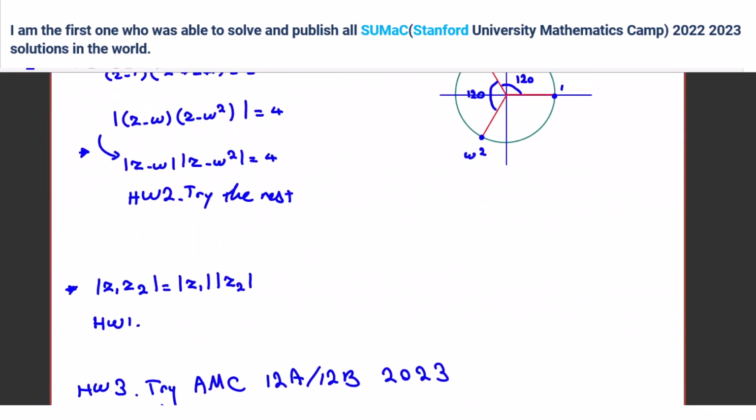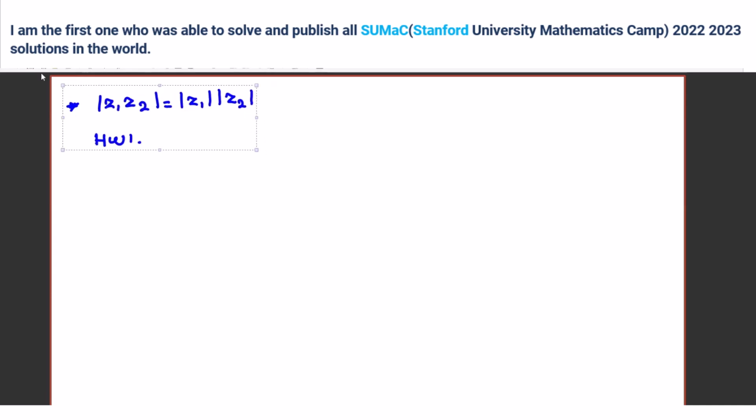Okay. So, could you prove this? Yeah. How? So if you square it, then you can say that's equal to z1 times z2 times the complex conjugate of z1 times the complex conjugate of z2. Yes, you use this.